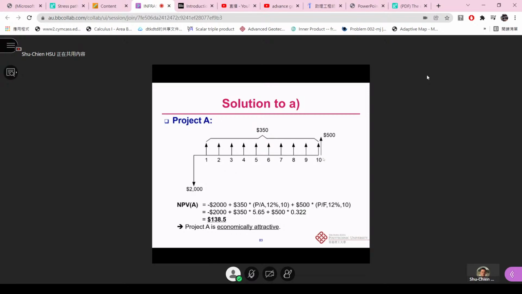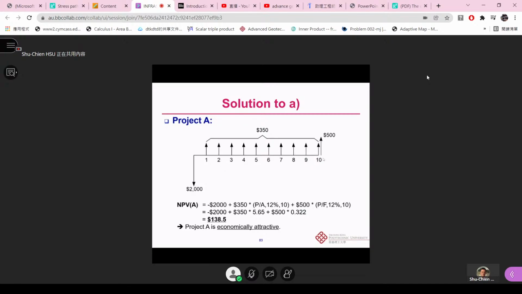We also convert the salvage value from future value back to present value: 500 times (P/F, 12%, 10).